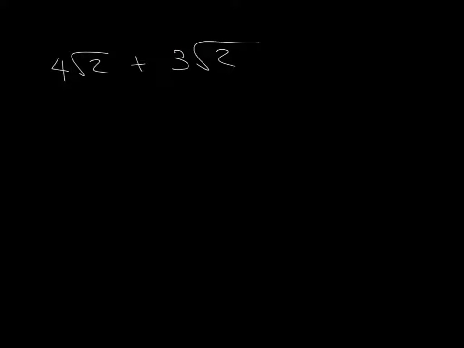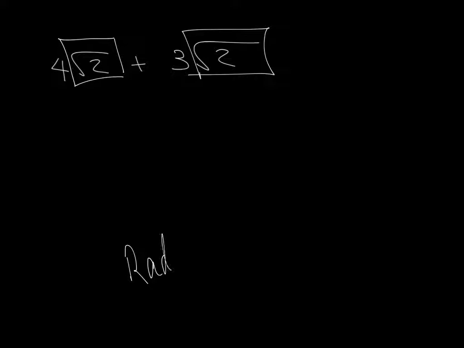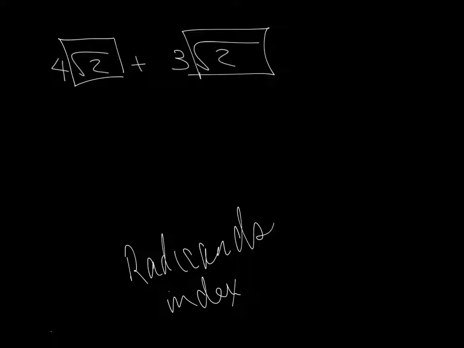Well, when you have a radical like this, and the numbers under the radical sign are the same, remember those are called radicands, and the indexes are the same. And if you remember, the index is the number that goes right here.